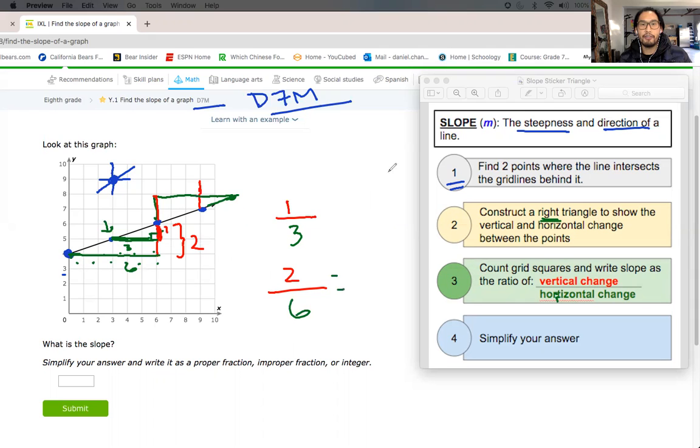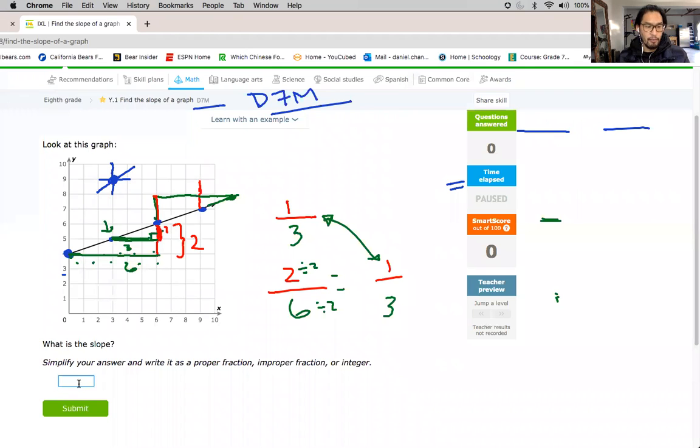I can see that this also simplifies to 1/3, dividing both by 2, the common factor. So the slope is 1/3, and it's the same no matter which 2 points I pick. I can use the big triangle or the small triangle, but either way, I get a slope of 1/3. I'm going to put that in there.